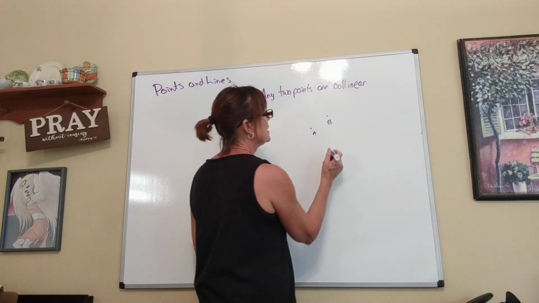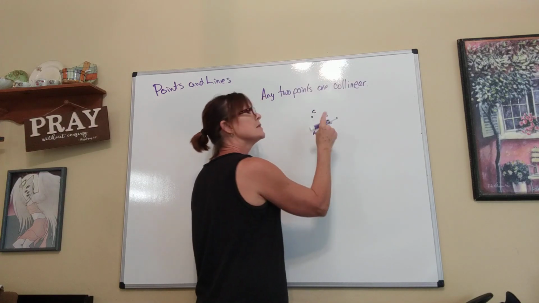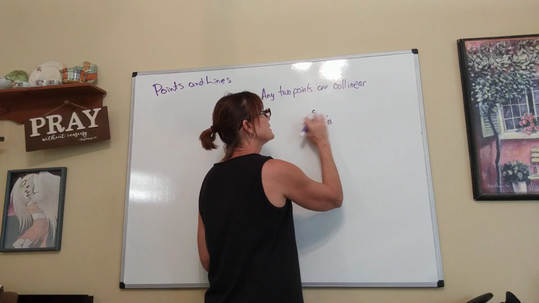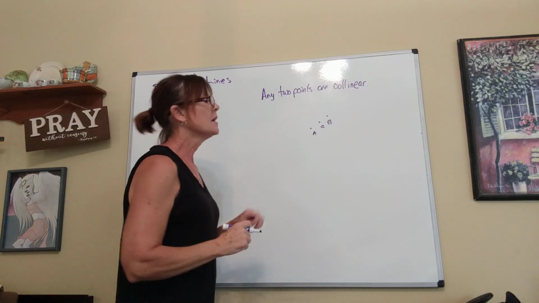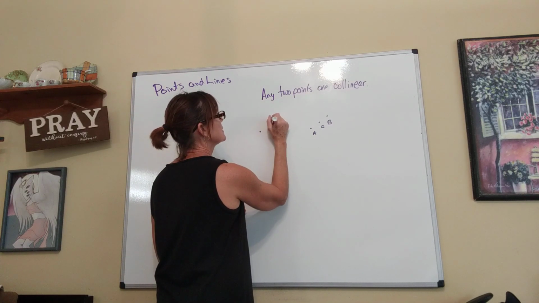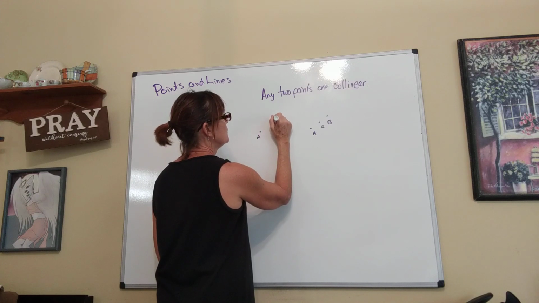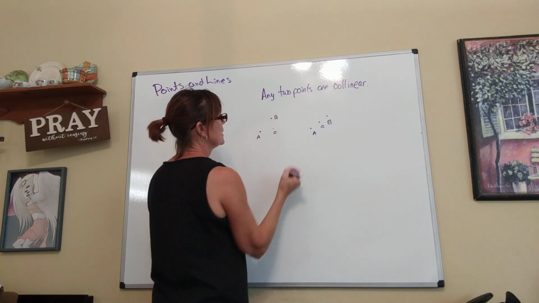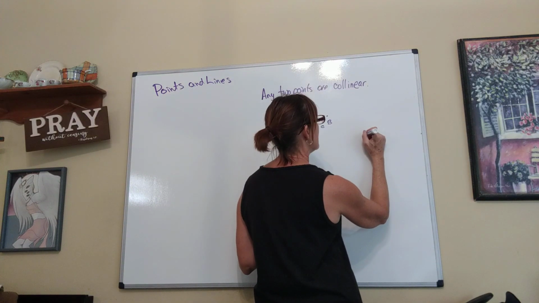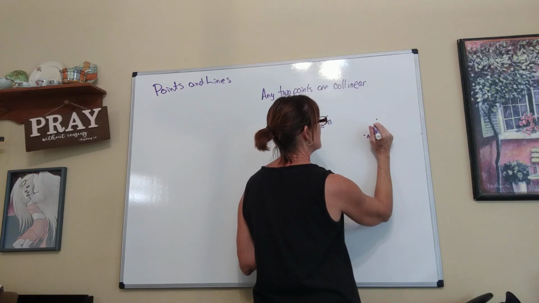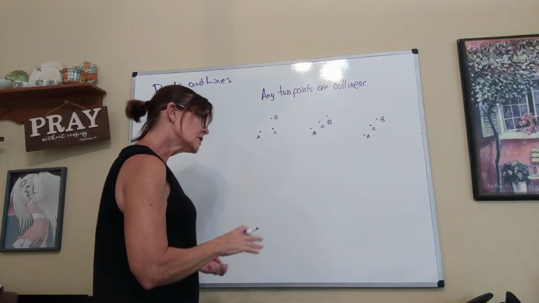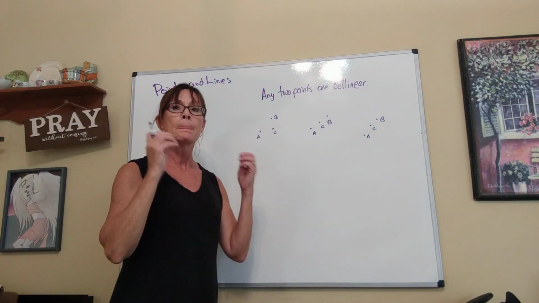So if I put C up here, C is not collinear with A and B. If I put C here, now C is collinear with A and B. So let's look at this scenario, and let's also look at this scenario, A, B, C. Let's look at this scenario, A, C, B. All right, so to illustrate another new term called between.